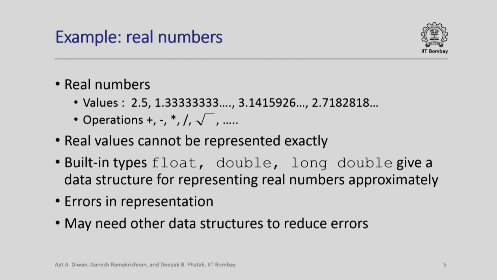We think of real numbers as abstract objects on which we perform operations. So, we think of reals as an abstract type and these as data structures which implement that abstract type with different restrictions. There can be errors in the representation of reals and you may need to choose different data structures to reduce these. The built-in data structures may not be adequate and so on. However, all of them implement the same abstract data type, real numbers.